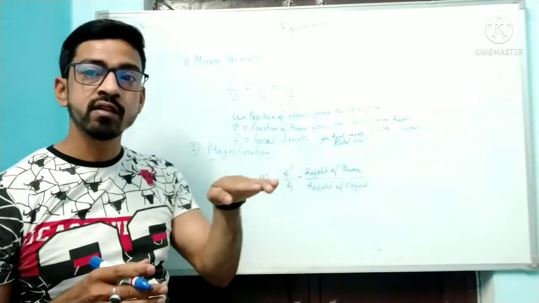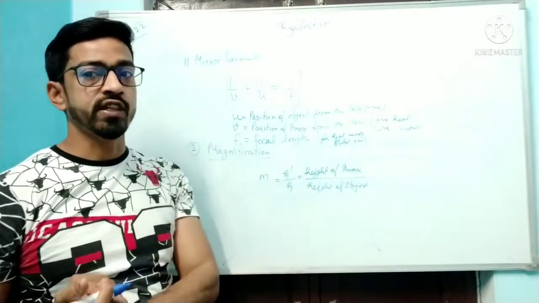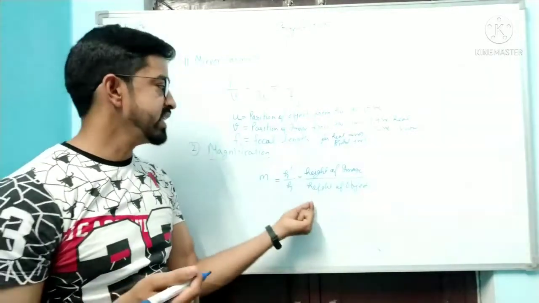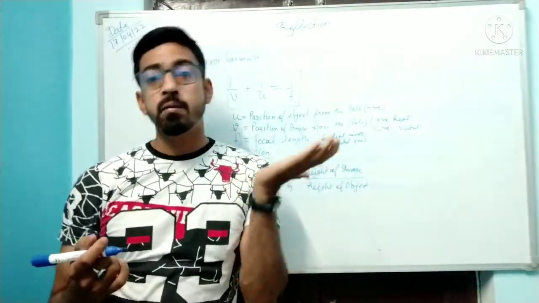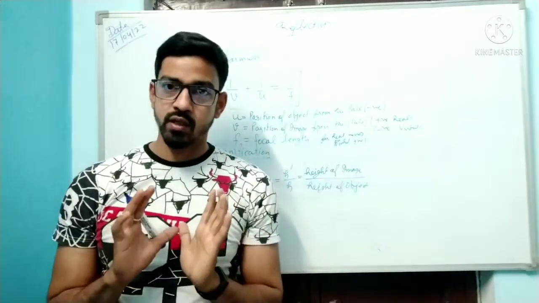When it is given negative, it is inverted. But an object is always placed above the principal axis, so its height will be positive.